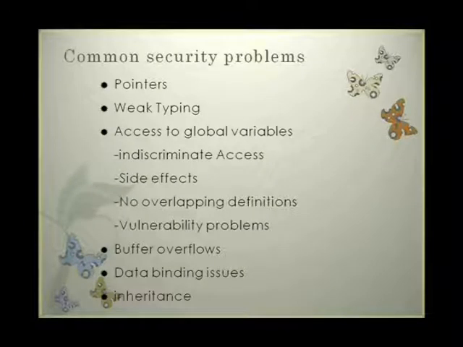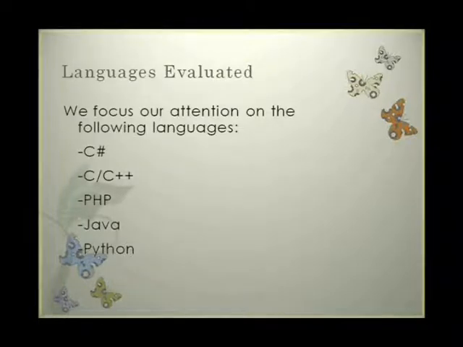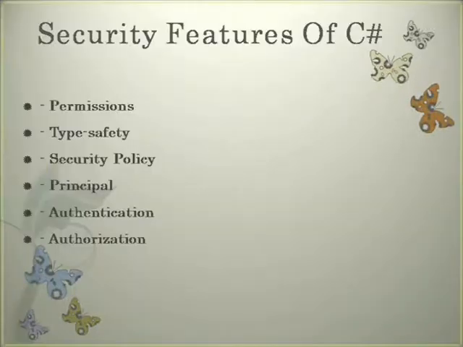Some of the common security problems in these programming languages are as follows. Throughout the following video, we hope to evaluate security features of C#, C, C++, PHP, Java and Python.